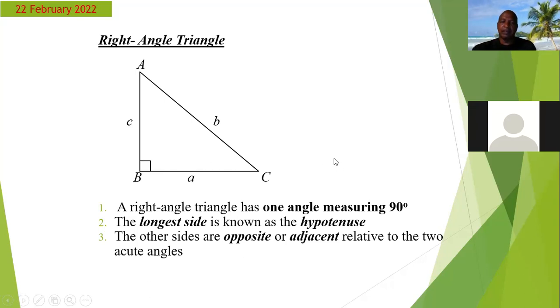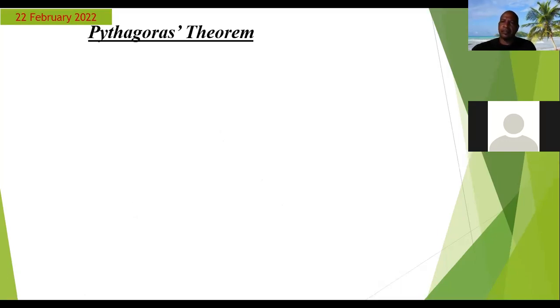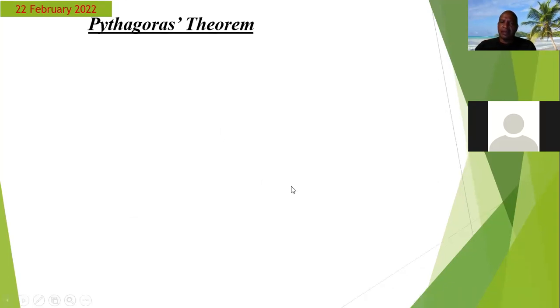All right, so with that in mind, we can move on to the next part of dealing with right angle triangles. Now, one of the things about triangles is that there are times when we may be asked to find the length of one of the sides or the angle.